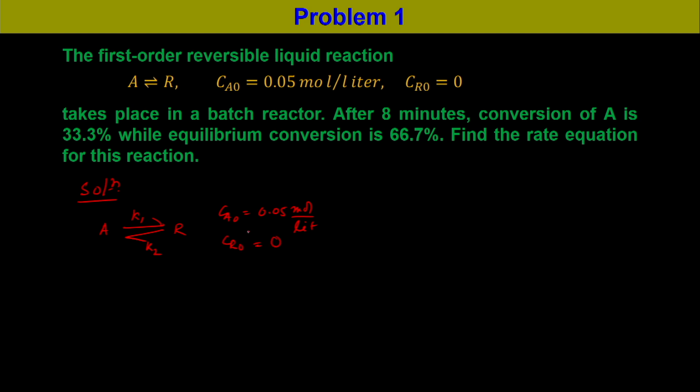That means no product is present at the beginning. Equilibrium conversion is given, that is X_AE equal to 0.667, that is 66.7% conversion. Now, we assume a constant volume batch reactor, that is our assumption.